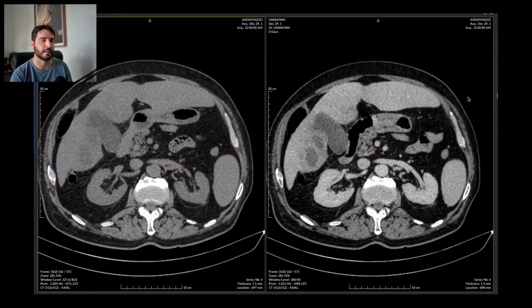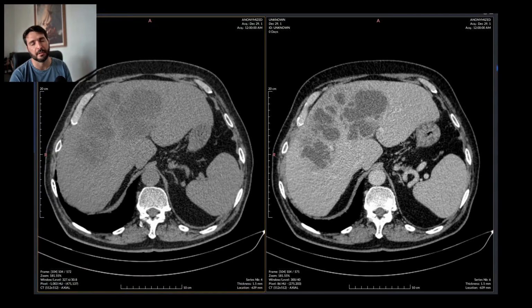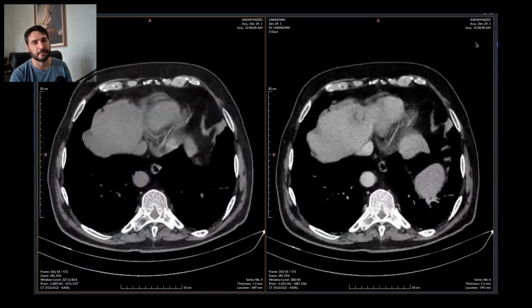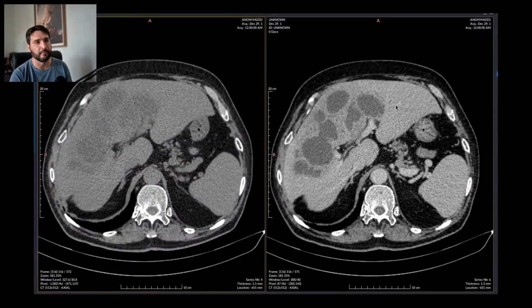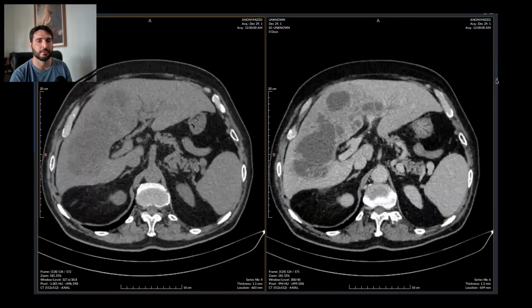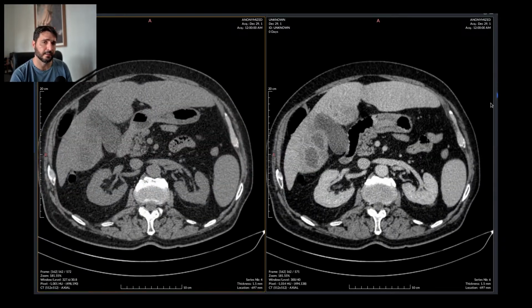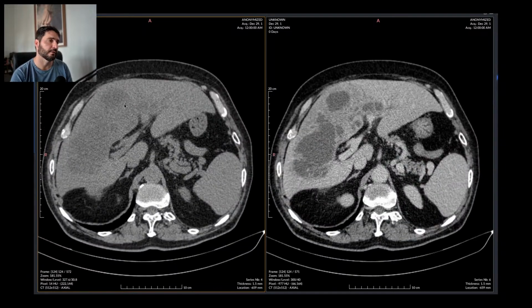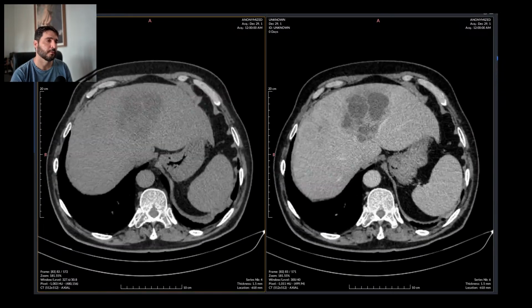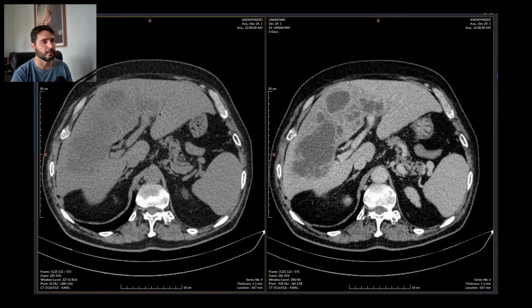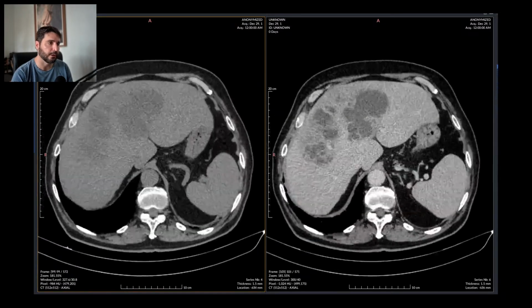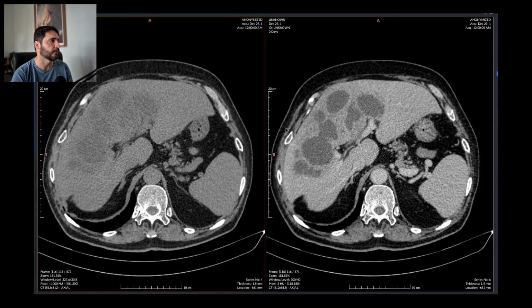About 90 seconds, we get this kind of image, the portal phase of the liver opacification. The liver should be really bright compared to the pre-contrast phase, and so should the kidneys and the spleen. This is what we have here. We have a very heterogeneous liver due to a bunch of coalescent hypoattenuating lesions, ill-defined and hypoattenuating lesions.